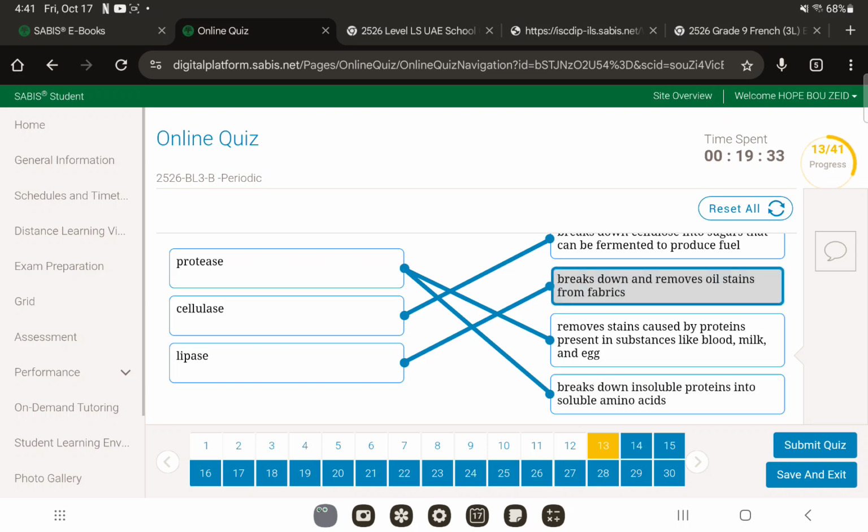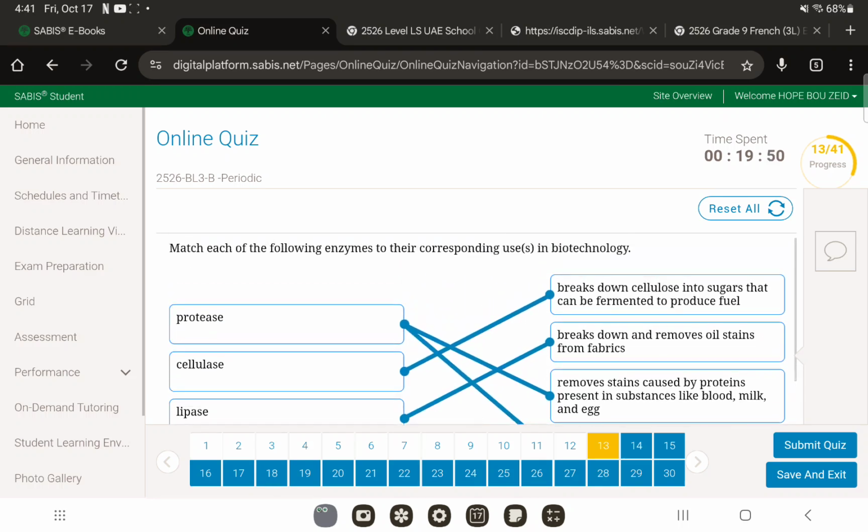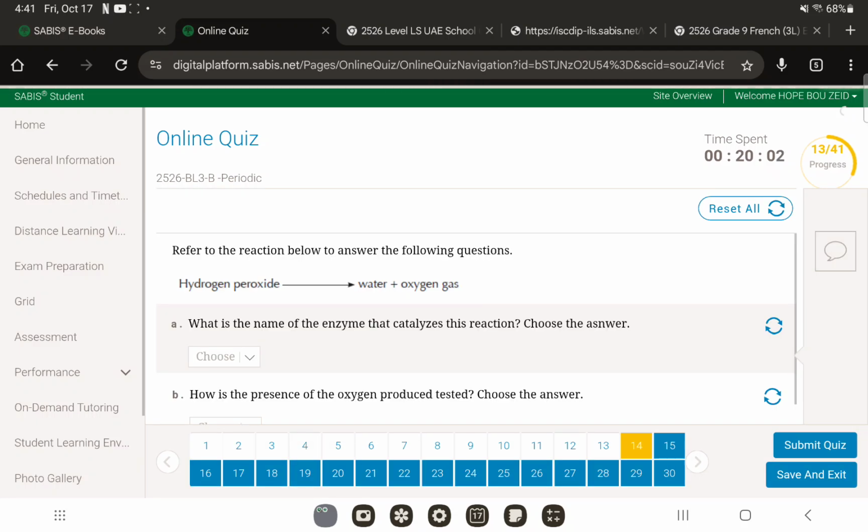And it's the same thing for lipids, except lipase breaks lipids into glycerol and fatty acids, which just like amino acids are washed away when the clothes are washed after using the biodetergents. And cellulase breaks down cellulose into sugars that can be fermented to produce fuel. So, yeah.